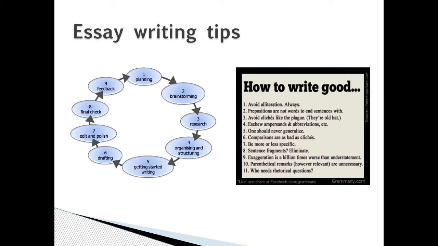Comparisons are bad as cliches. Number 7. Be more or less specific. Number 8. Sentence fragments you should eliminate. Number 9. Exaggeration is 1,000,000,000 times worse than understatement. Number 10. Parenthetical remarks, however relevant, are unnecessary. And number 11. Who needs rhetorical questions?